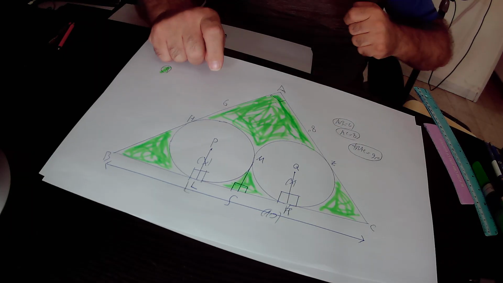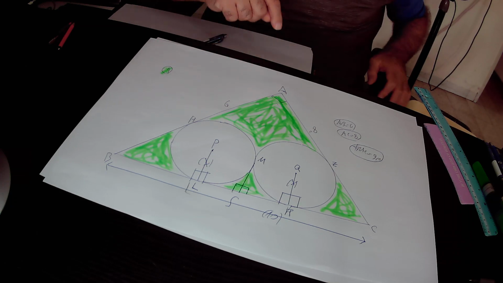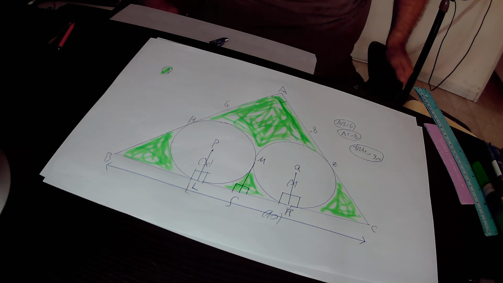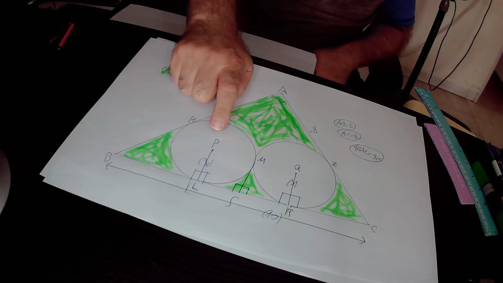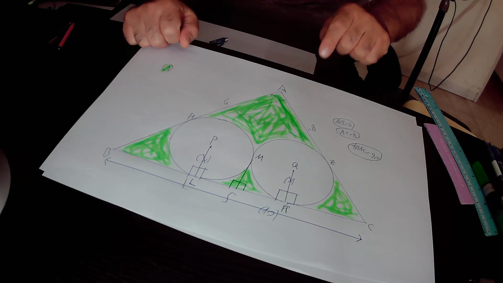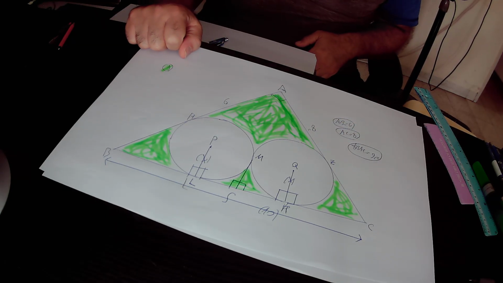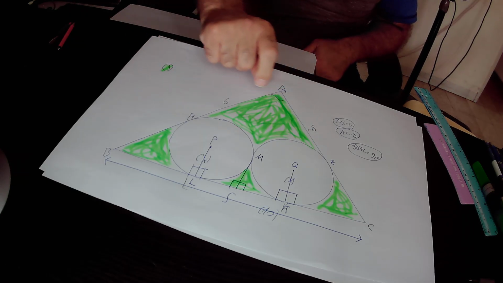Those two circles touch each other externally at point M. The center of this circle is here at point P. The center of this circle is here at point Q. The straight line that connects the centers is of course the straight line PQ.